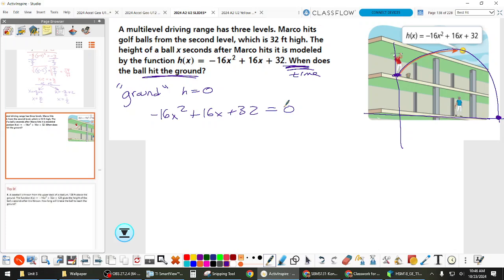Also, what if the question didn't say when does it hit the ground? What if it said, like these kind of places sometimes have targets you're supposed to hit? What if there was a target set up right here that was, let's say, I don't know, 15 feet off the ground?